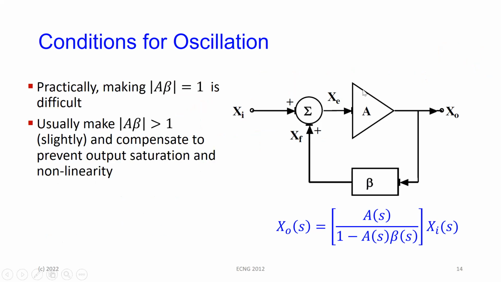Okay, so this first set of material is how we get oscillation. There are a couple of things. We have to have positive feedback, and we have to have the loop gain equal to 1. Once we have that, we satisfy something called the Barkhausen criterion.